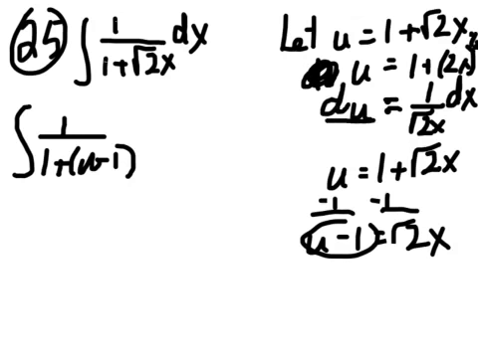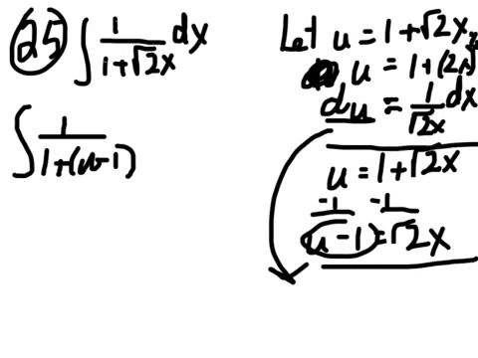I can cross multiply here and get dx equals, I'm going to have to come down here. Let's do this a little separately. Ran out of space. dx over 1 is dx, equals square root of 2x du.